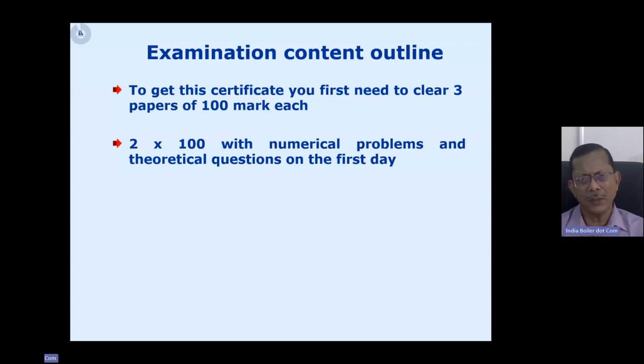Mathematical problems on heat engineering, basically subject. In most places, these 2 papers are conducted on a single day, right? Day 1. Of course, there are exceptions, but usually on the same day, paper 1 and paper 2 are conducted.